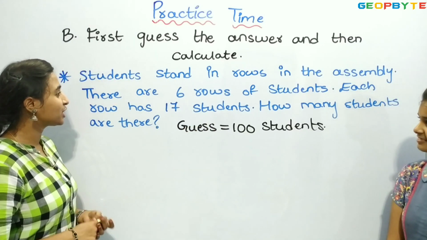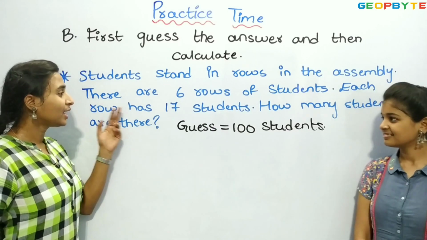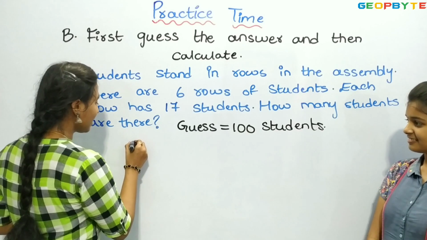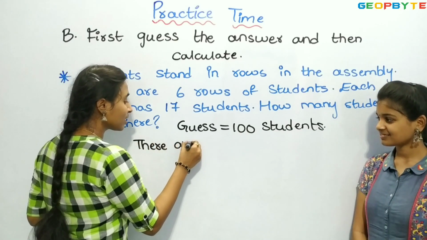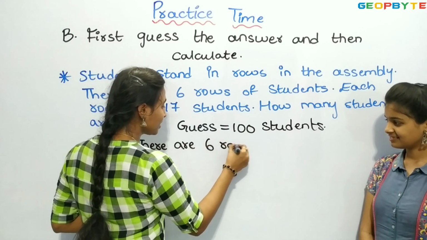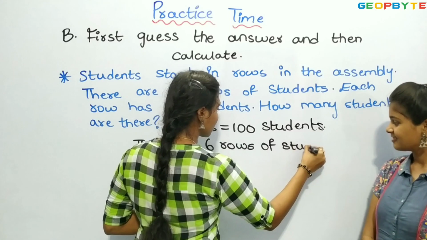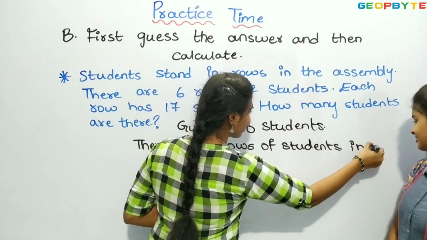Right? The given information is students stand in rows in the assembly. There are 6 rows of students.